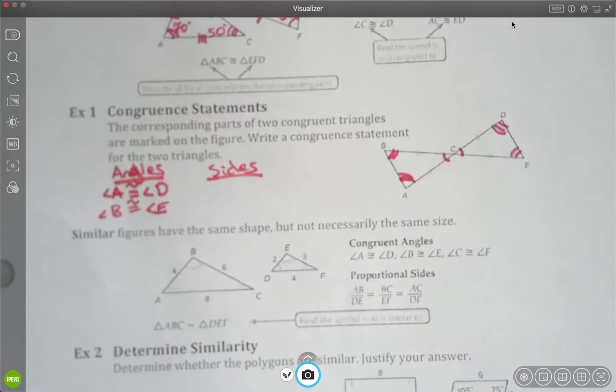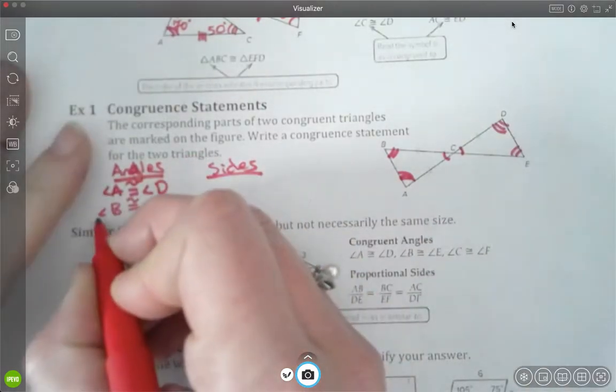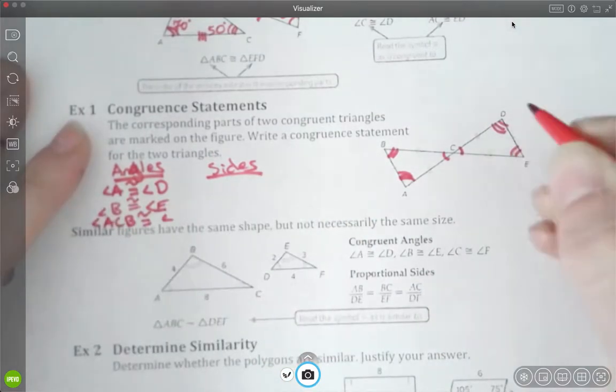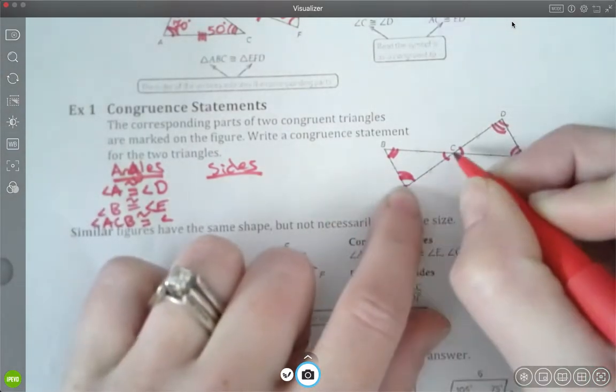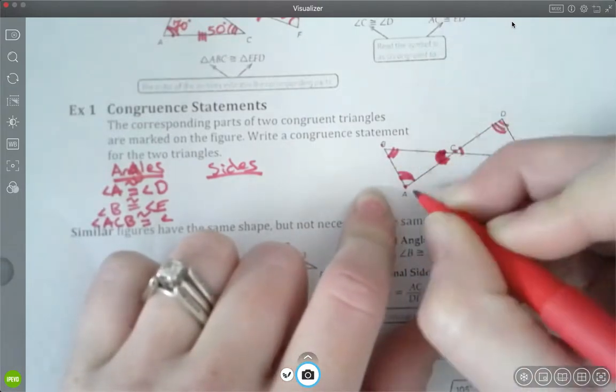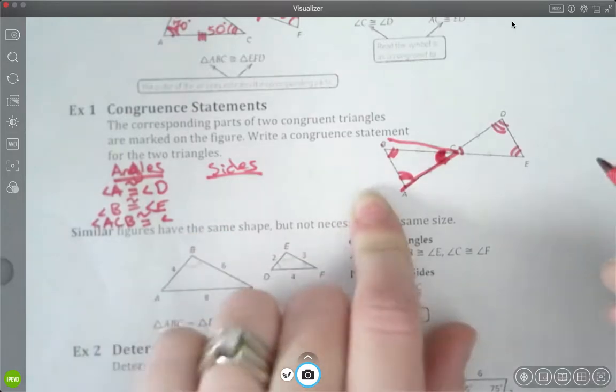So we can't just call it angle C and angle C. When you have basically one spot that could be 2 different angles, you have to name it with 3 letters, okay? So we're going to call it angle ACB is congruent to angle. So we did ACB. That means I'm talking about this guy right here. You see that? ACB. That guy.